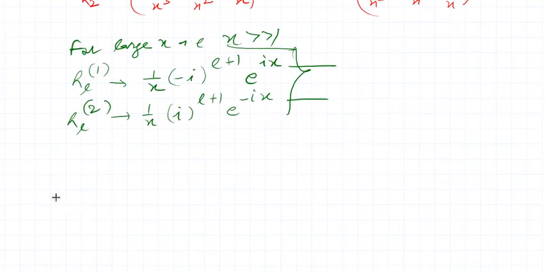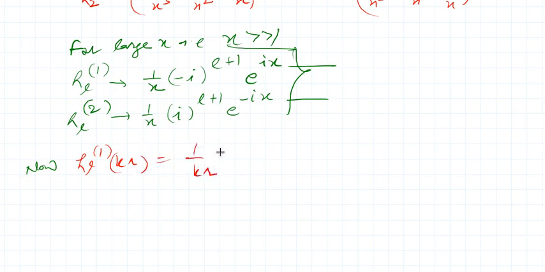So let us do a little more algebra. Now HL1 kr, if I want to write down the expression for it, is 1 over kr times minus iota raised to power L plus 1 and e raised to power iota kr, right?